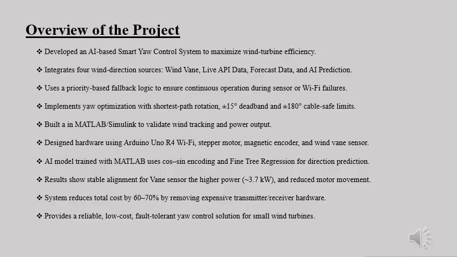Results show stable alignment, higher power output around 3.7 kilowatt, and reduced motor movement. By removing transmitter receiver hardware, the system also reduced total cost by 60 to 70% and provides a reliable, low-cost, fault-tolerant air control solution for small wind turbines.